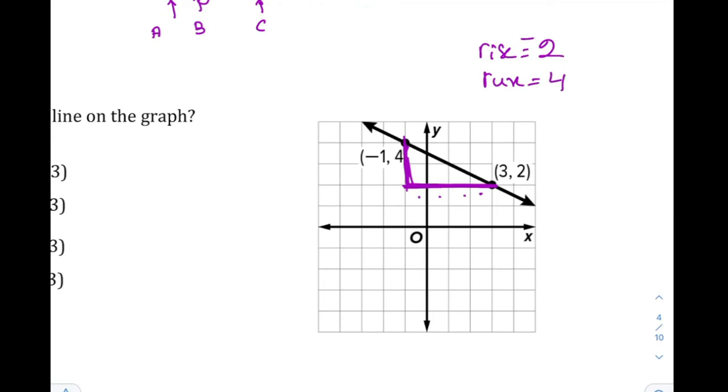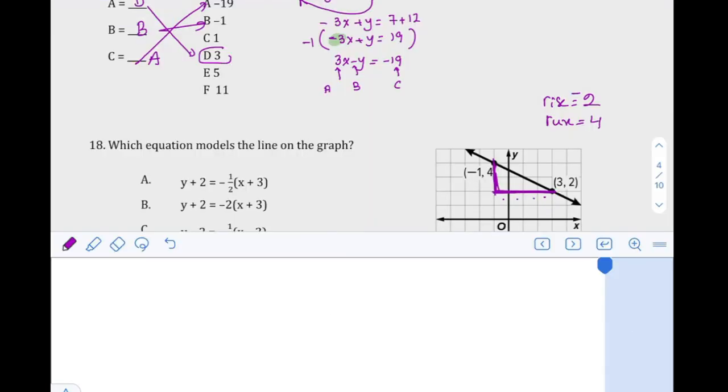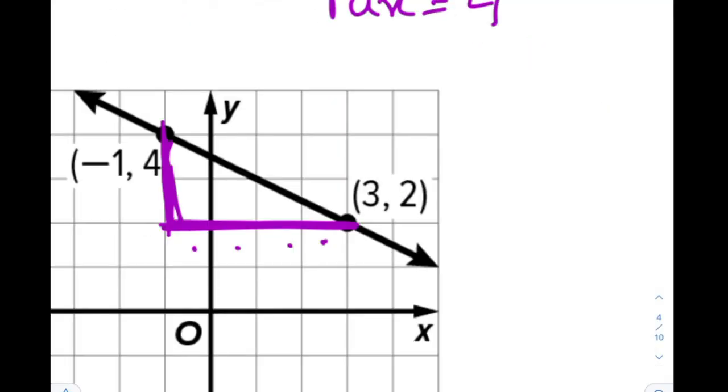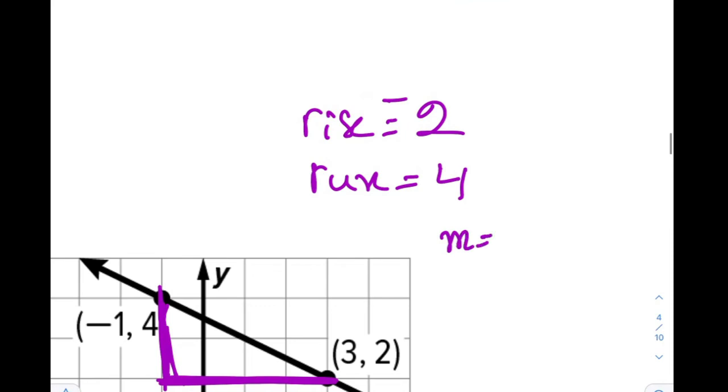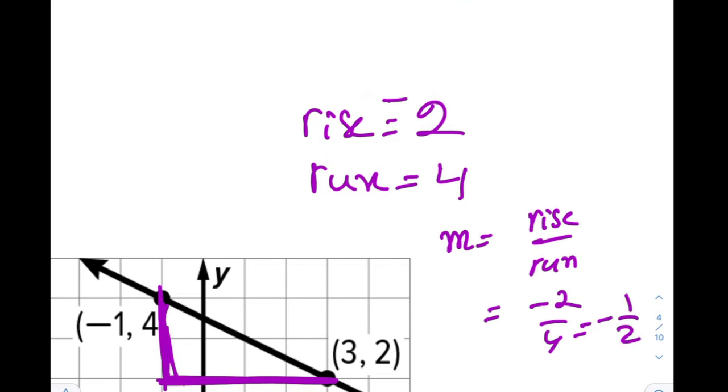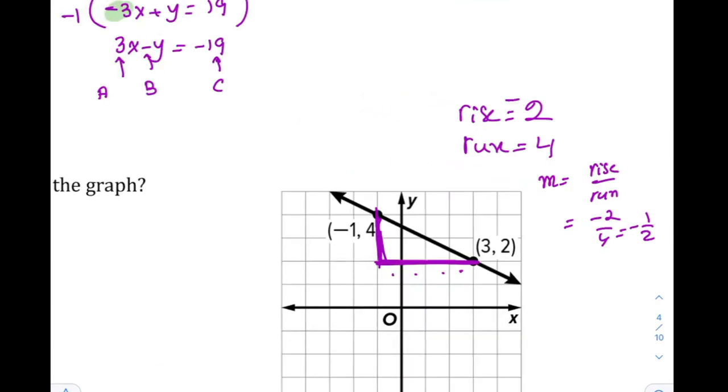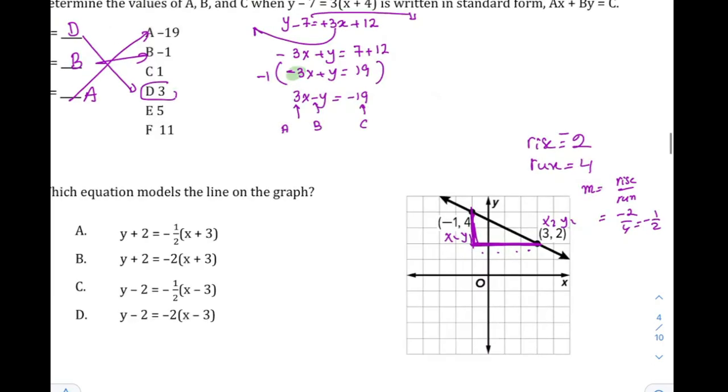So the rise over run, which is the slope, is negative 2 over 4, which is negative half. If you feel that you cannot do it, apply x1, y1, x2, y2, and you will find that the slope is negative half. So the slope negative half is only available in A and C.